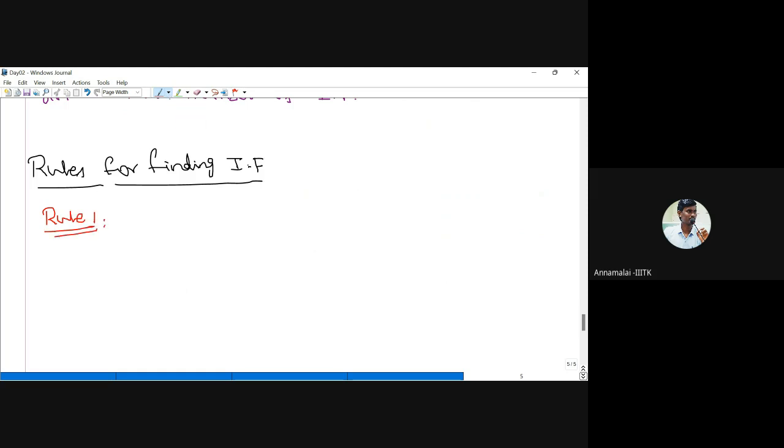Rule 1 says, suppose the given equation M(x,y) dx plus N(x,y) dy equal to 0 is homogeneous.